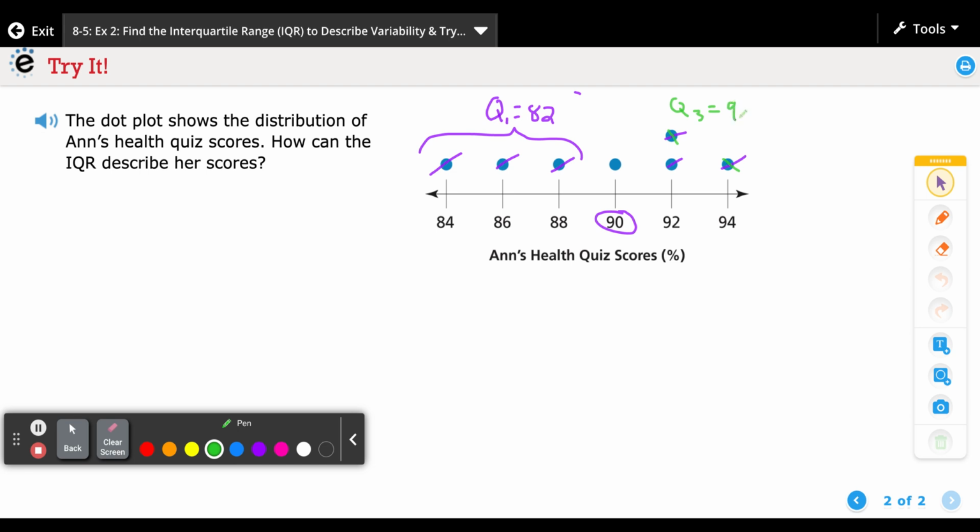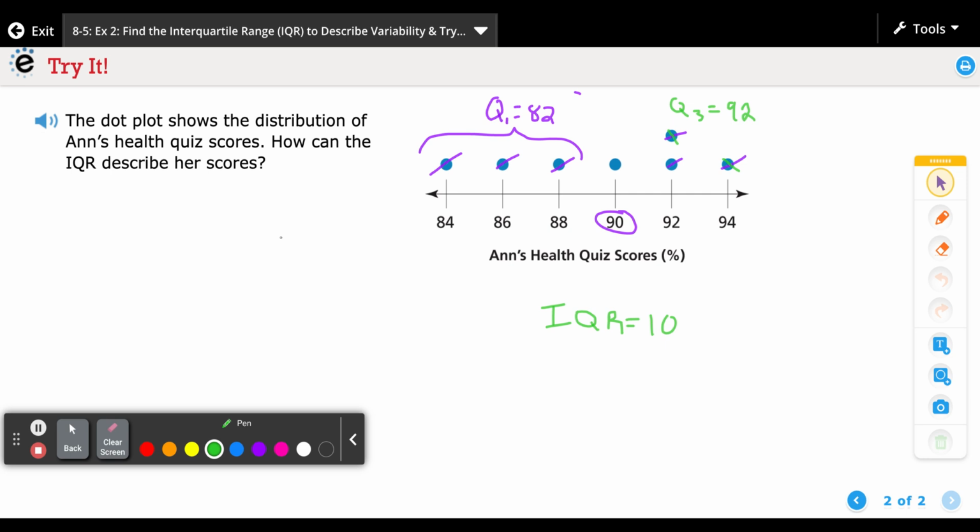So in this set of test scores for Anne, we have an IQR of 92 minus 82 for an IQR of 10. So again, that kind of gives us a sense that her scores on her health quizzes varied by more than her scores on the science quizzes from last time.